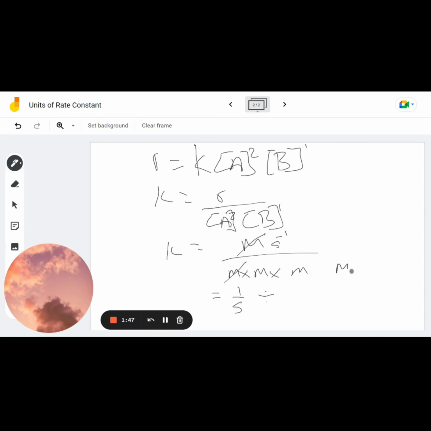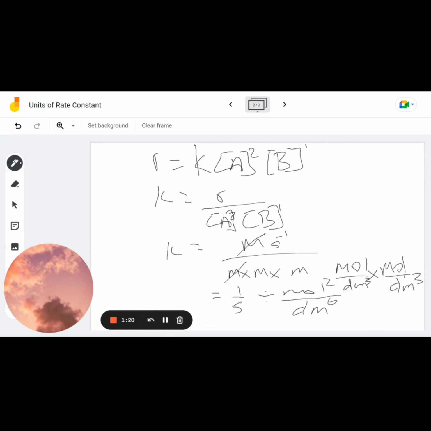So that's moles over dm cube times moles over dm cube. Now this is going to be moles squared, because moles times moles is moles squared, divided by dm cube times dm cube, so you add those numbers, and it's going to be dm to the 6th power.